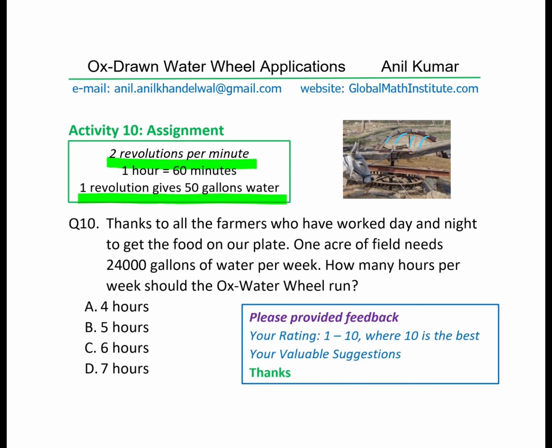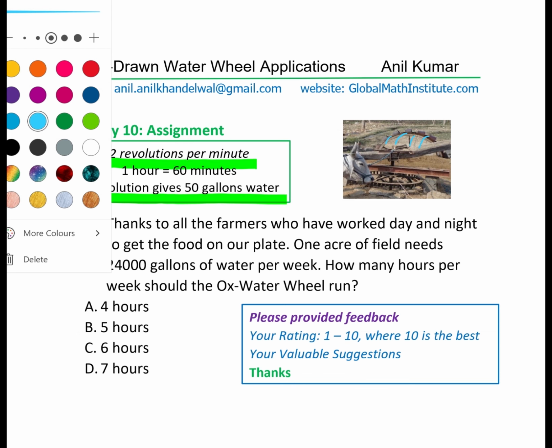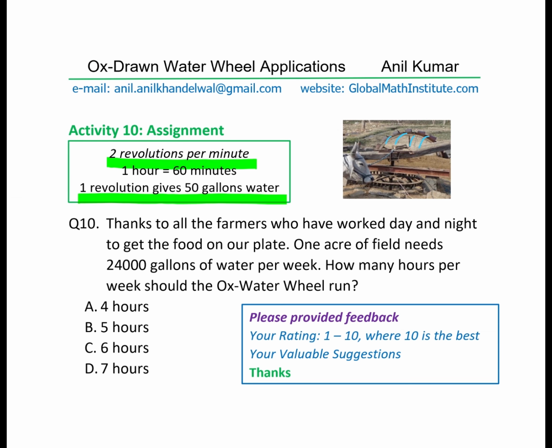So question number 10 here is, thanks to all the farmers who have worked day and night to get the food on our plate, 1 acre of field needs 24,000 gallons of water per week, right? So this is important information. The information here is that 1 acre of field needs 24,000 gallons of water per week.